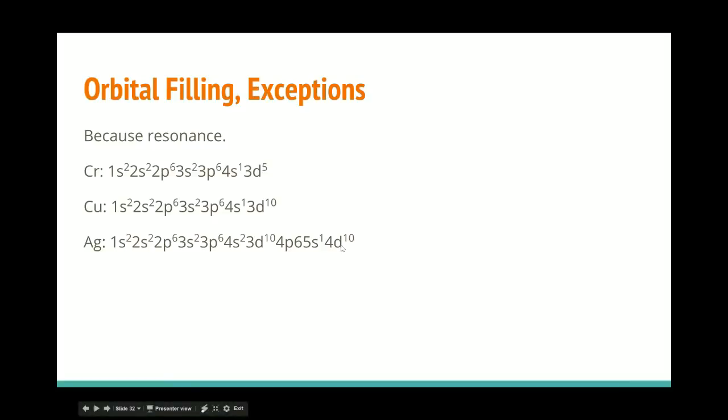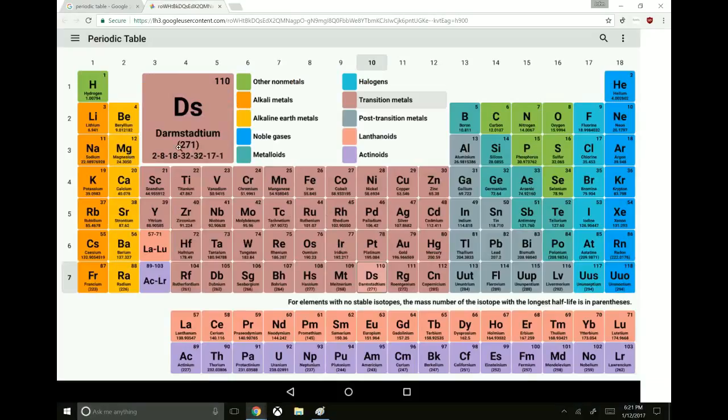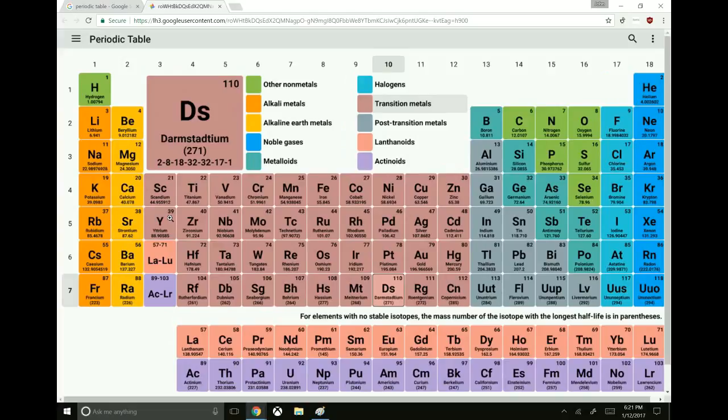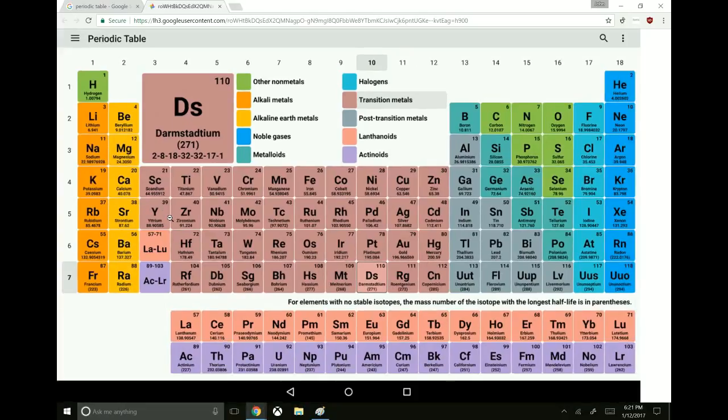And then we look at silver. Silver is down here. It's element number 47. So all the sublevels are going to be full before you get to 5s2, 4d something. 1s2, 2s2, 2p6, 3s2, 3p6, 4s2, 3d10, 4p6, 5s2, 4d, 1, 2, 3, 4, 5, 6, 7, 8, 9.